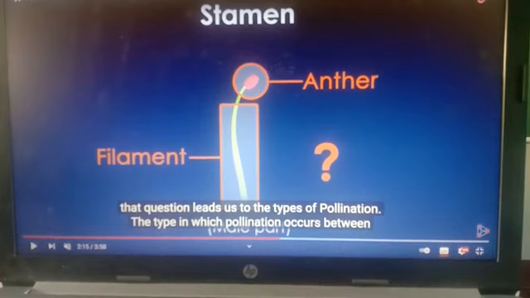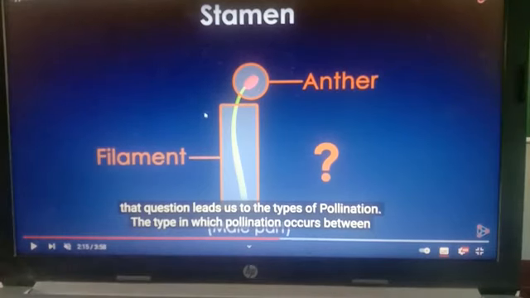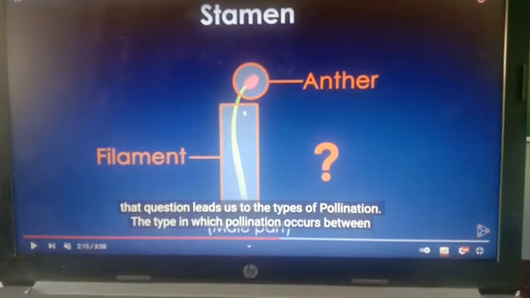So pollen grains are filled in the anther, whereas the filament attaches the anther with the other part of the flower. So this is the structure of stamen, that is anther and filament.